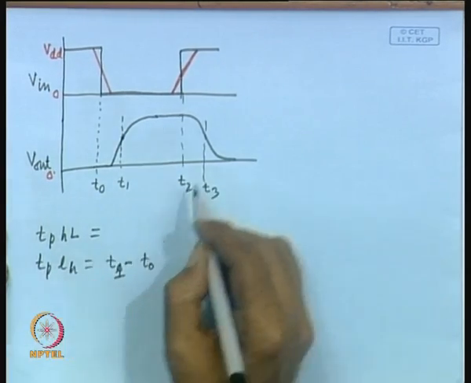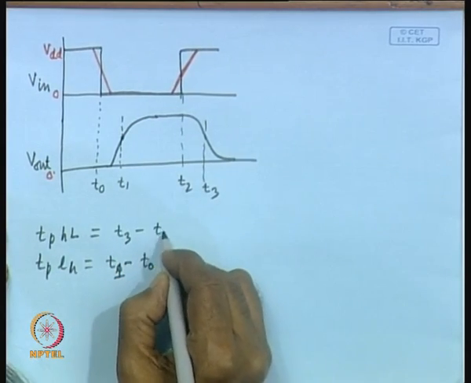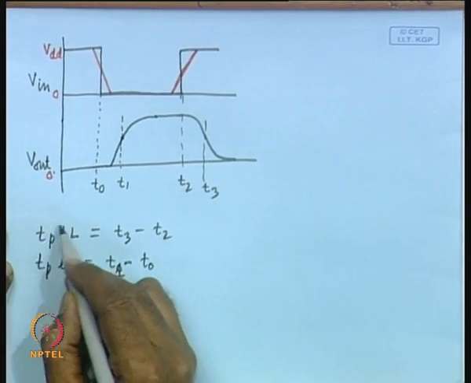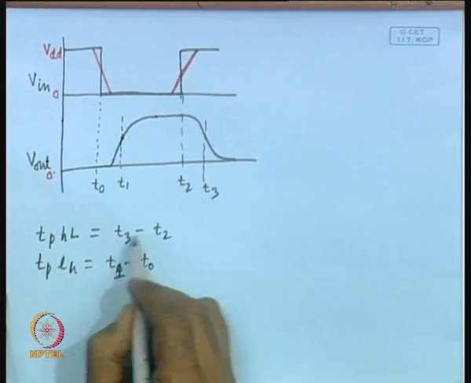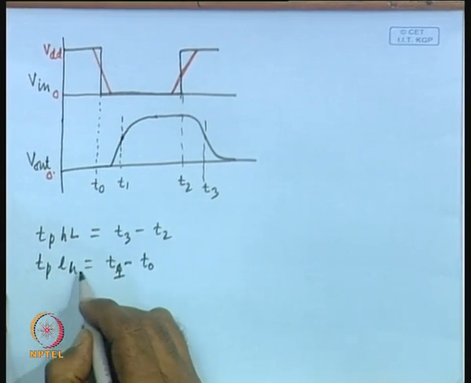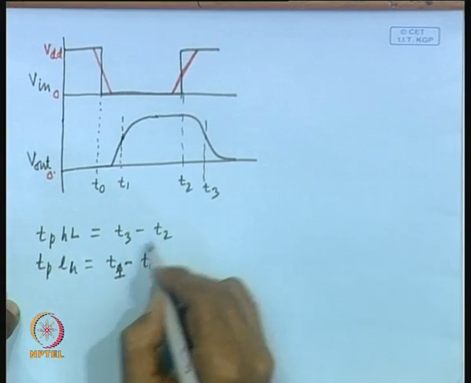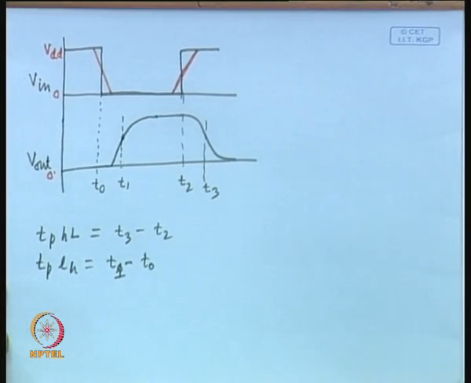So the high to low time is T3 minus T2. This is the typical time for transition from high to low, and this is the transition from low to high. These are the two times we can measure, and later on we shall see that the low to high and high to low times are not the same.